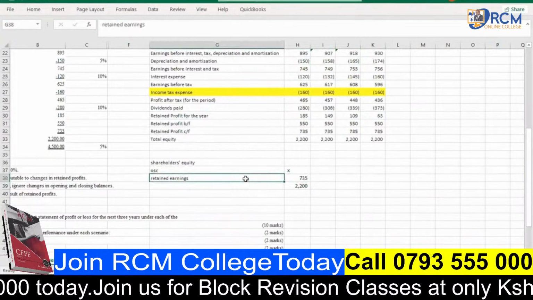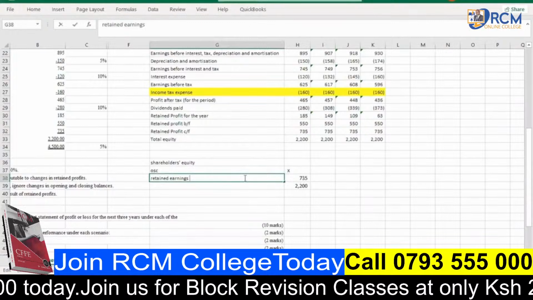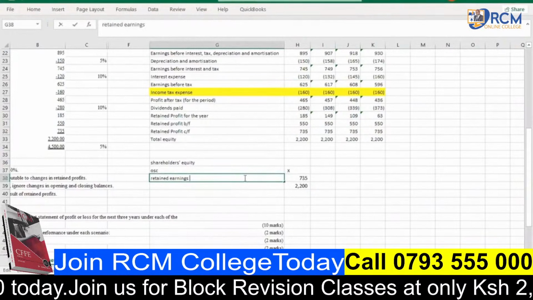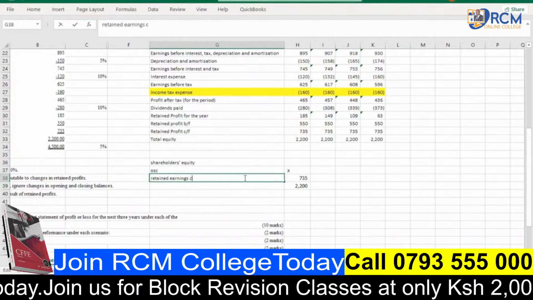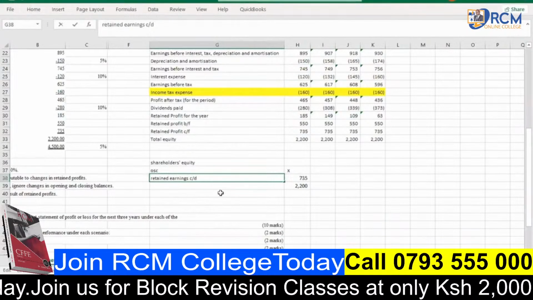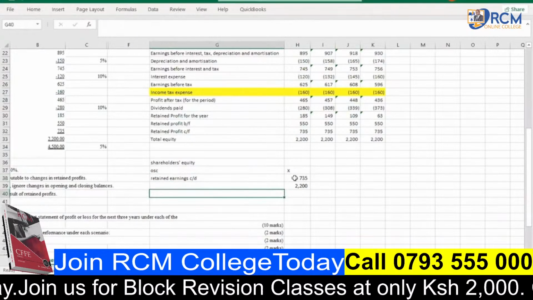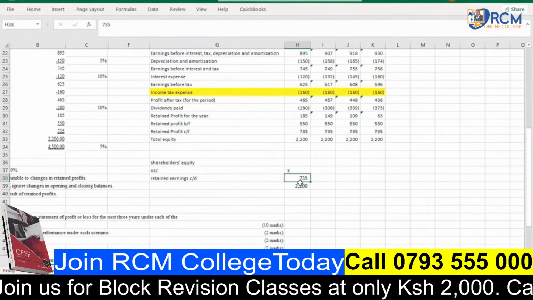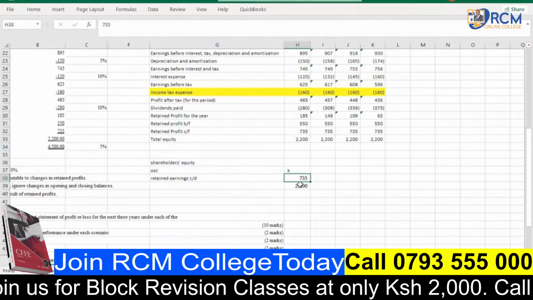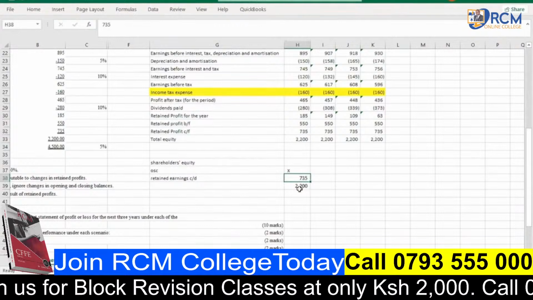The retained earnings we are referring to here, which is supposed to be brought to the statement of financial position, is the retained earnings carried down or carried forward. So it is 735. So what should I do to 735 to get 2,200?